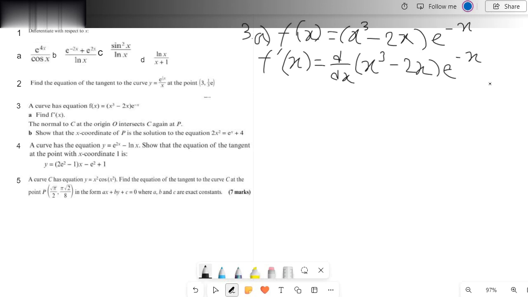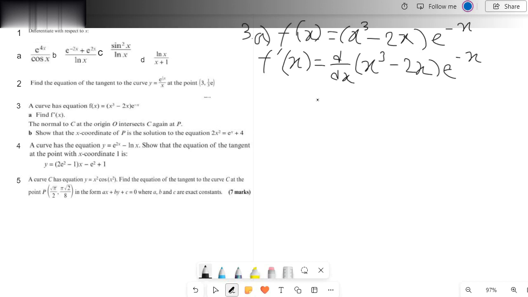If you remember, if we had y equals uv, then dy by dx will be equal to u multiplied with dv by dx, or the derivative of v, and then plus v multiplied with du by dx.